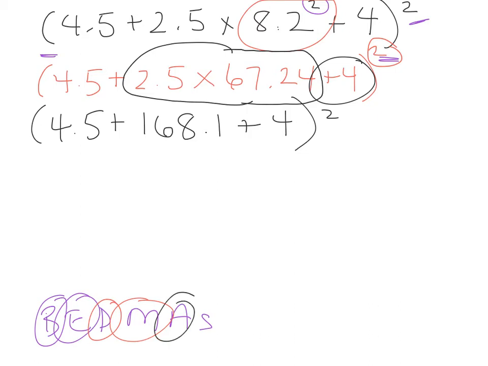Next step is addition. And because we are left with all addition, right? There's an addition there and an addition there. So it's basically 4.5 plus 168.1 plus 4. We'll just do it all in one shot.